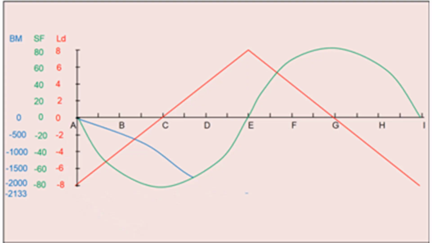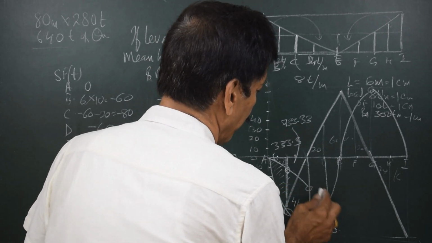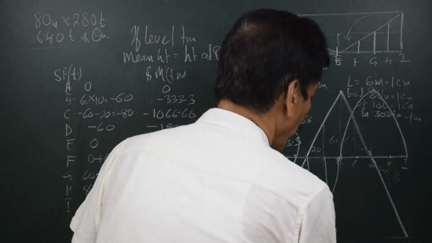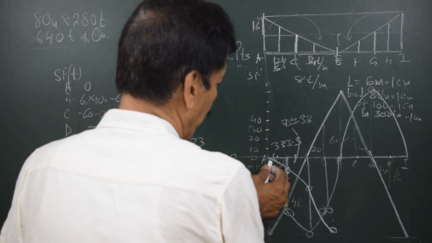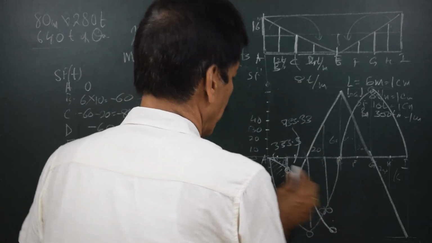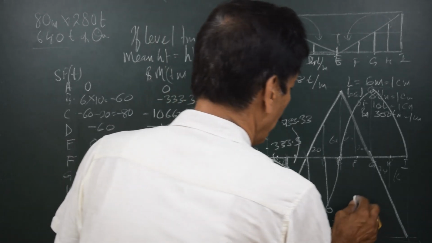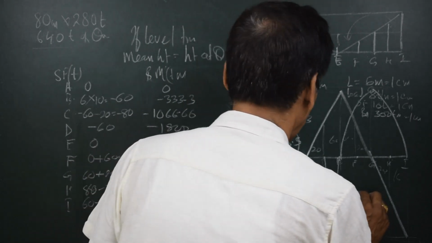So if you see the BM curve, it goes this way, concave in this region and tending to become convex in this region. This is because the SF curve is going downwards in this region and goes upwards in this region. So this is going to be the shape of the bending moment curve. Similarly, it is a mirror image on the other side.